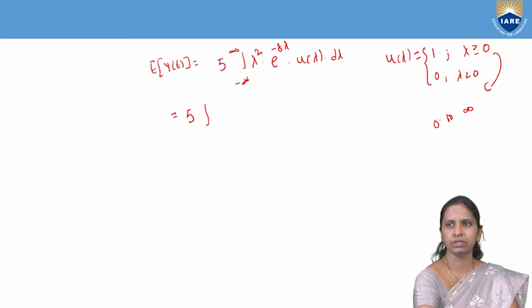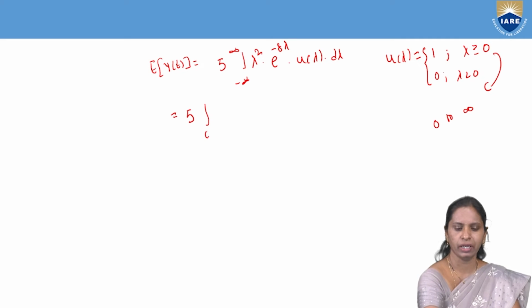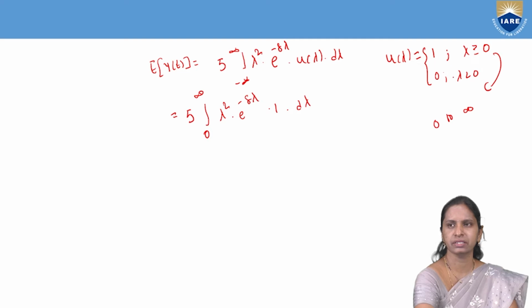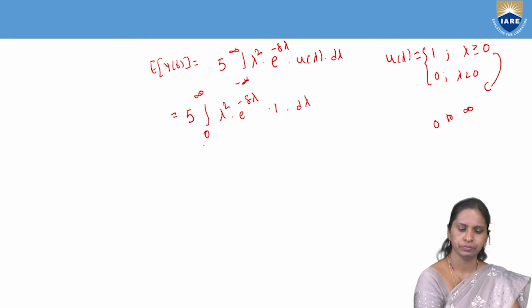When lambda is from 0 to infinity, u of lambda is 1, so we get lambda square e power minus 8 lambda d lambda. For lambda less than 0, that is, from minus infinity to 0, it is 0, and 0 into something gives 0. That's why I replace the minus infinity by 0 in the lower limit.